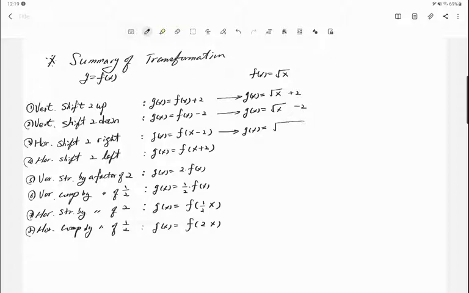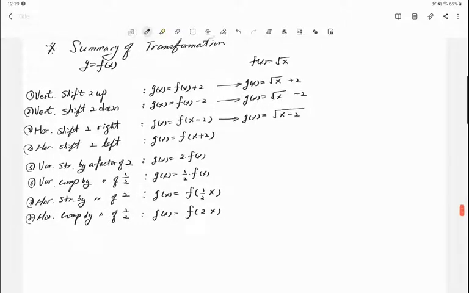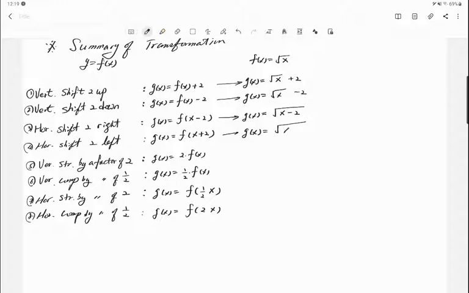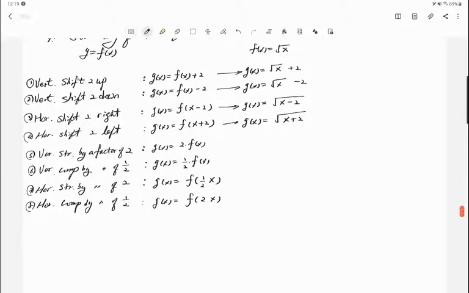So that is x minus 2. So x will be replaced by x minus 2. Then the graph will be translated, shifted 2 units to where? To the right. So minus means to the right. How about this one? We will use x plus 2. Replace x with x plus 2. That means the graph will be shifted 2 units to the left. Okay, makes sense?